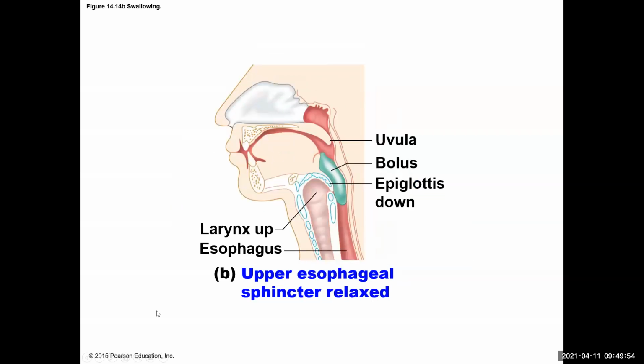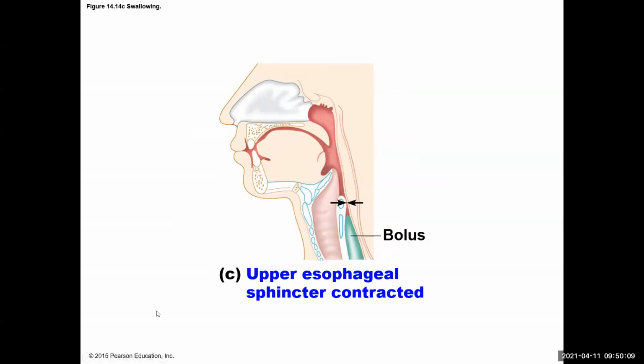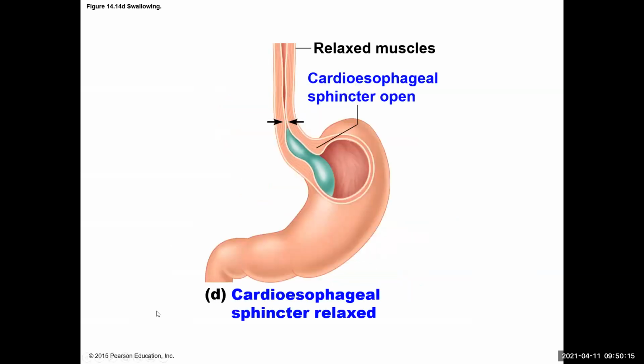Then the upper esophageal sphincter opens. This is the bolus, chewed food mixed with saliva. It goes into the esophagus, and the sphincter closes again. Finally the food reaches another sphincter called the cardioesophageal sphincter.